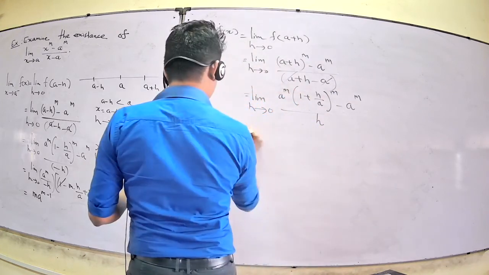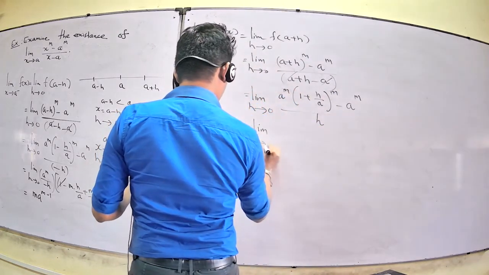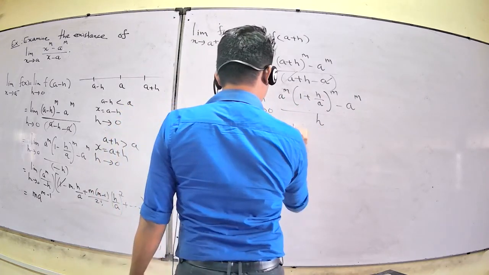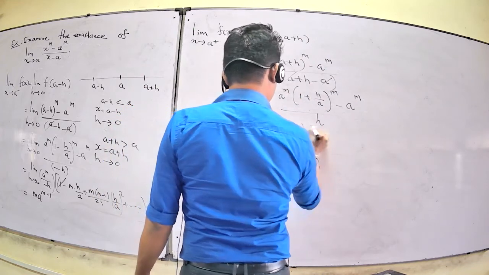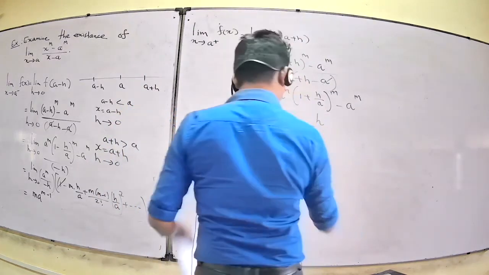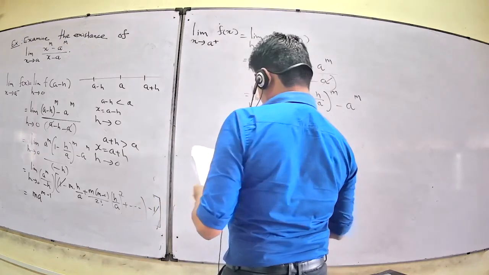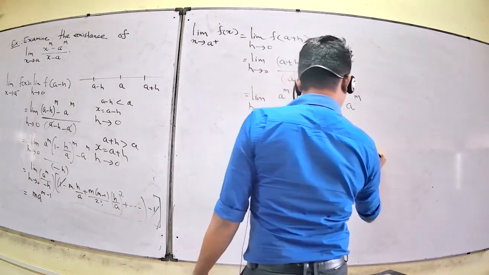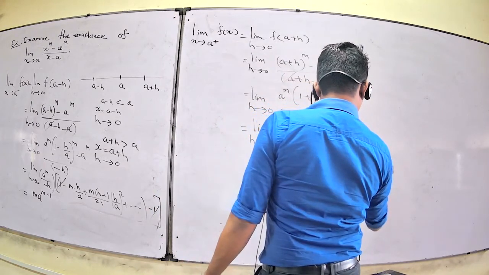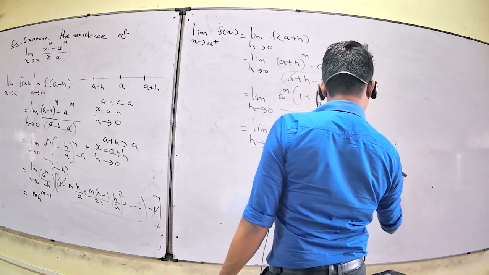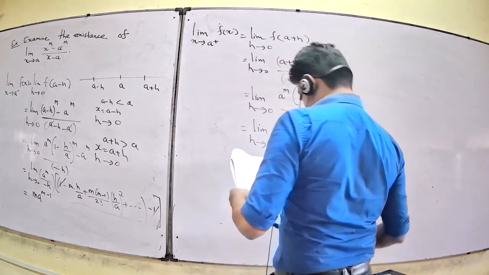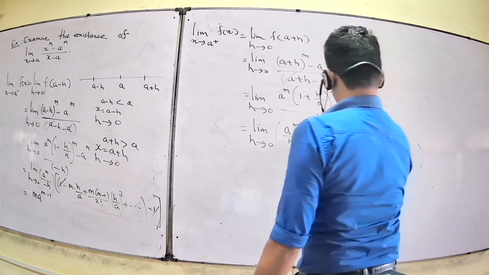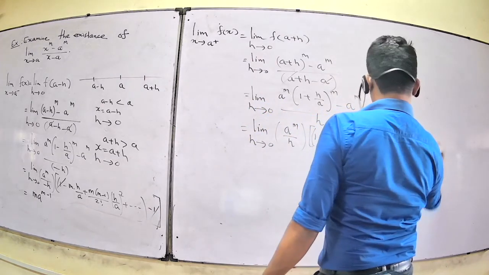Now, the limit of h tends to 0, a power m over h, times 1 plus m into h over a, plus m into m minus 1 over 2 factorial, h squared over a squared, and so on, minus 1.